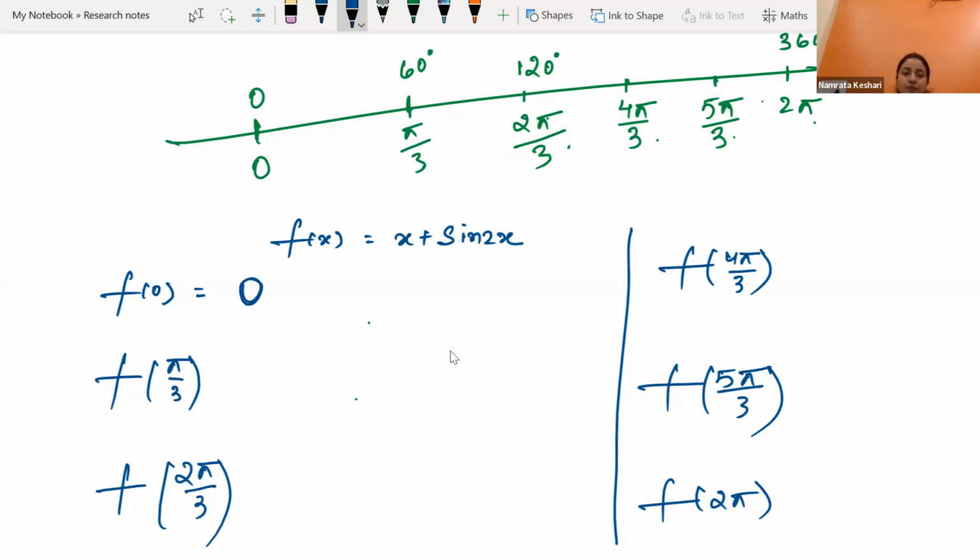Okay. f of pi/3 will be pi/3 plus sine 2 pi/3, which is pi/3 plus root 3/2. Yes. Next.